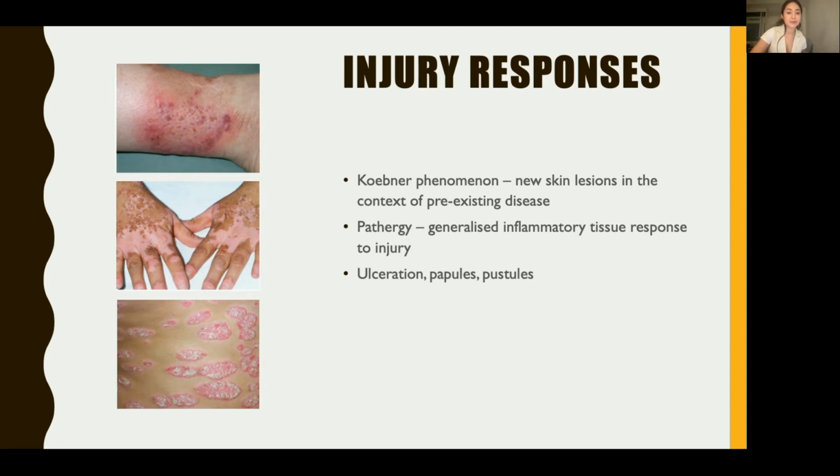I've put a picture of PG at the top, then you've got patches of vitiligo in the middle, and then you've got your plaque in psoriasis at the bottom. PG is essentially rapidly enlarging, very painful ulcers, and it is associated with inflammatory bowel disease. So just interesting. Those are the two injury responses to look out for. Next slide.